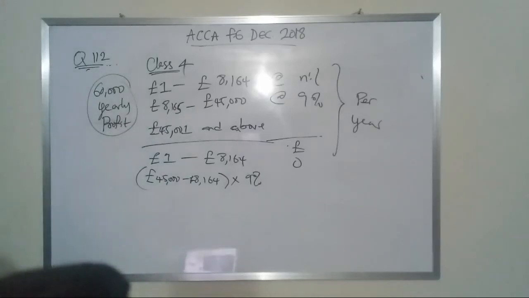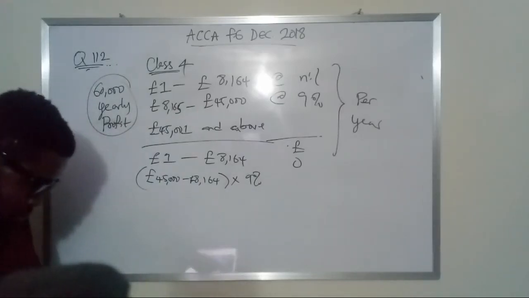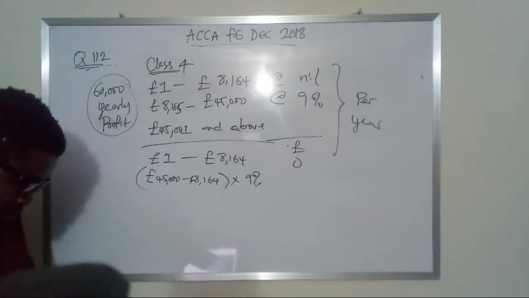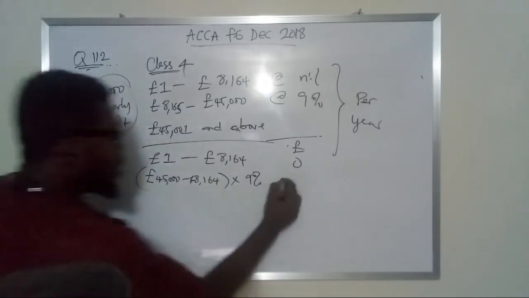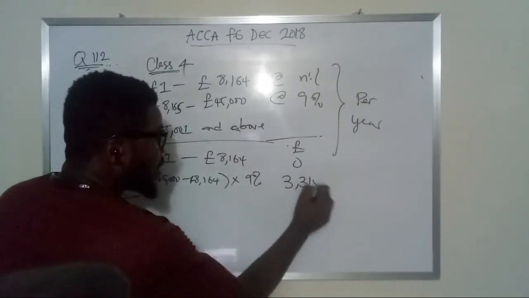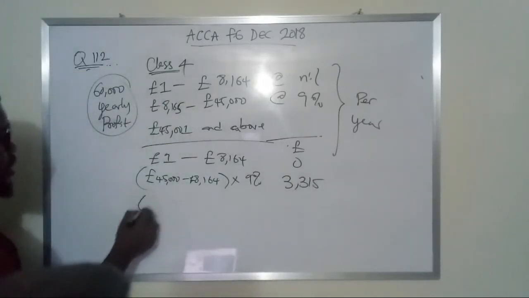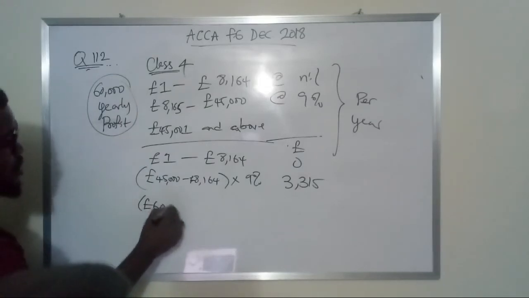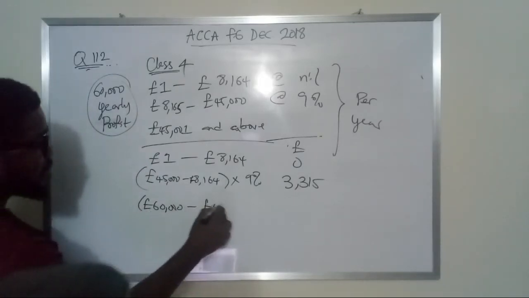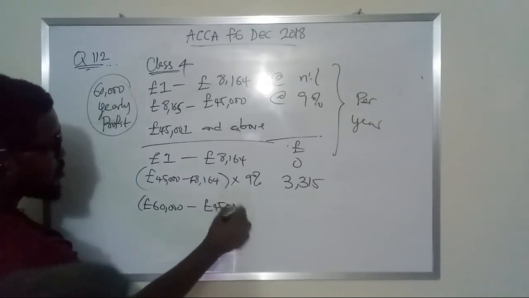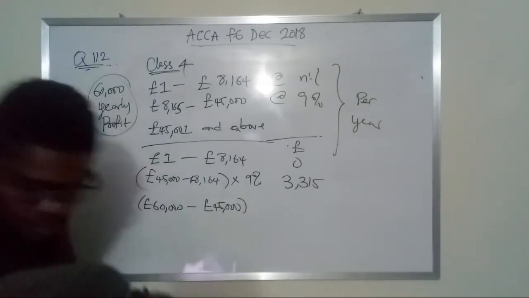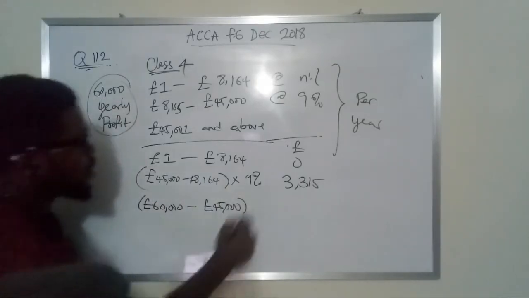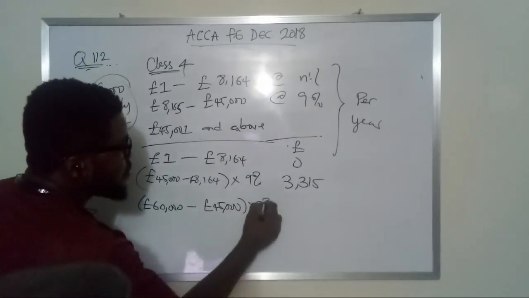And what does that give us? £3,315. Then we take 60,000 minus 45,000 times 2%.